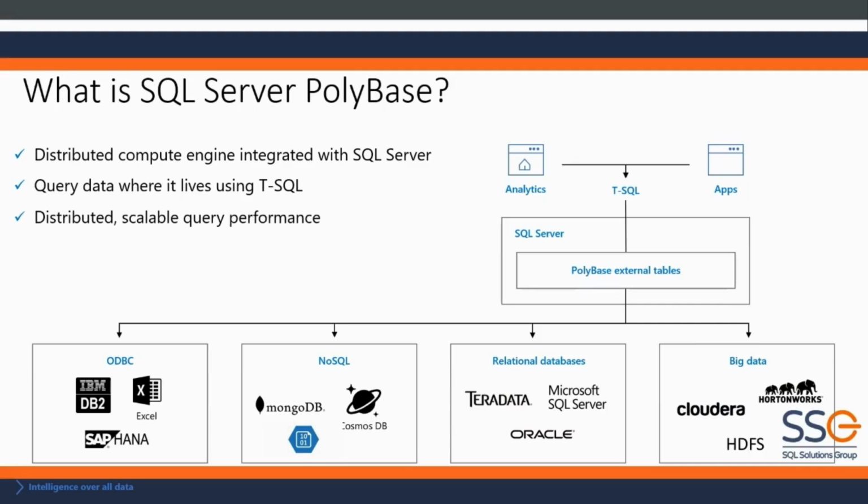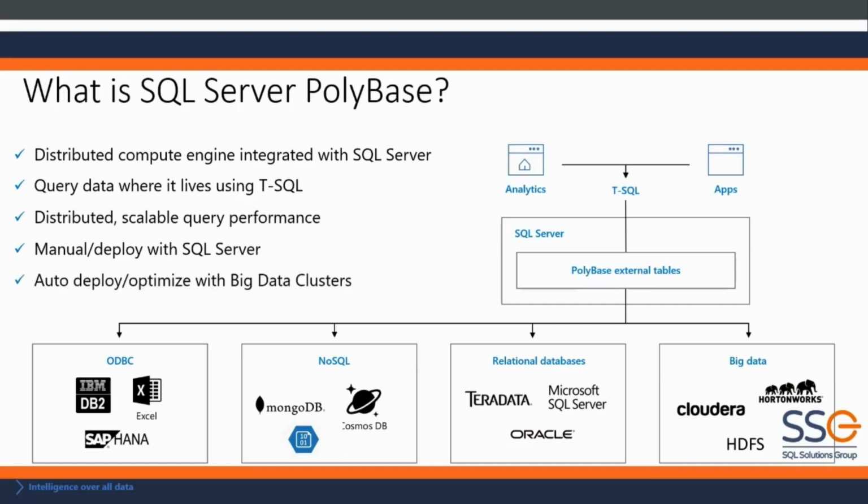And that's awesome. Really love that. It's a manual deploy, but I can also auto deploy that with big data clusters. This is what Polybase is all about: can we eliminate the need for ETL, improve our query performance by distributing across many nodes, and make it easy to query data where it's at?